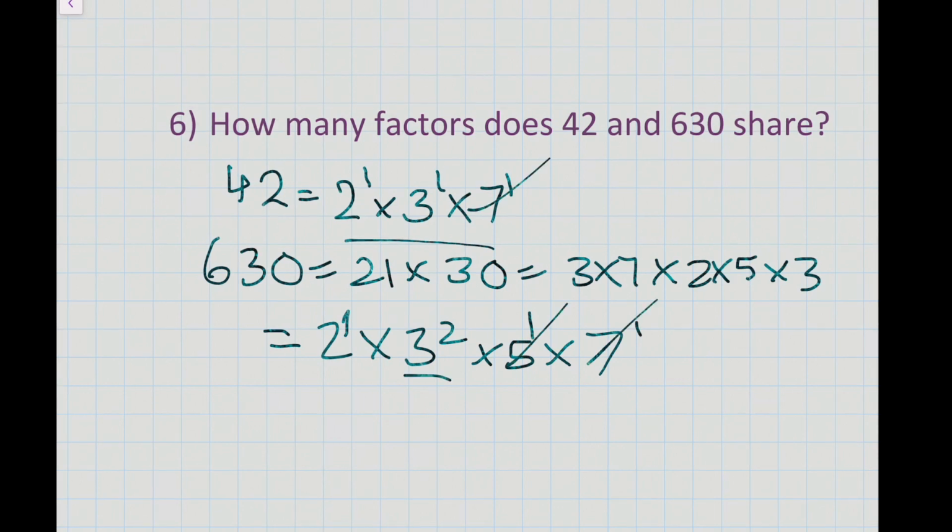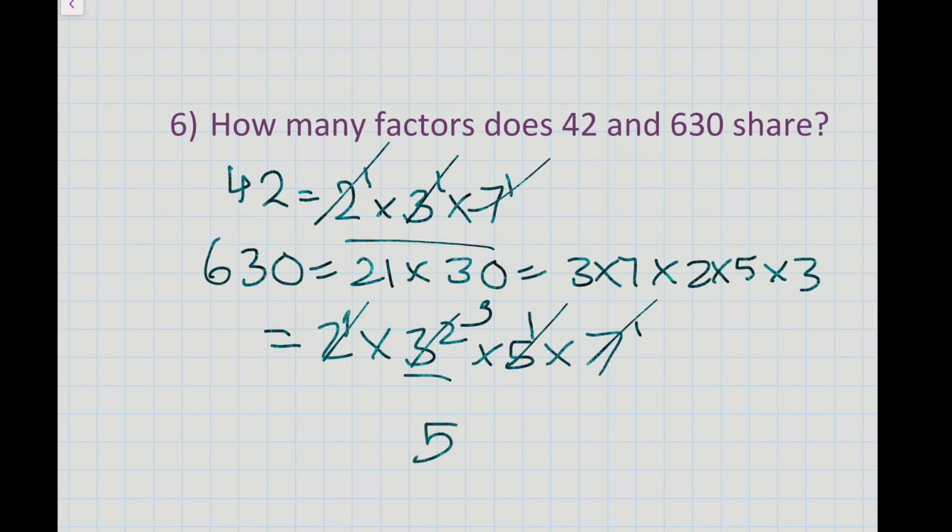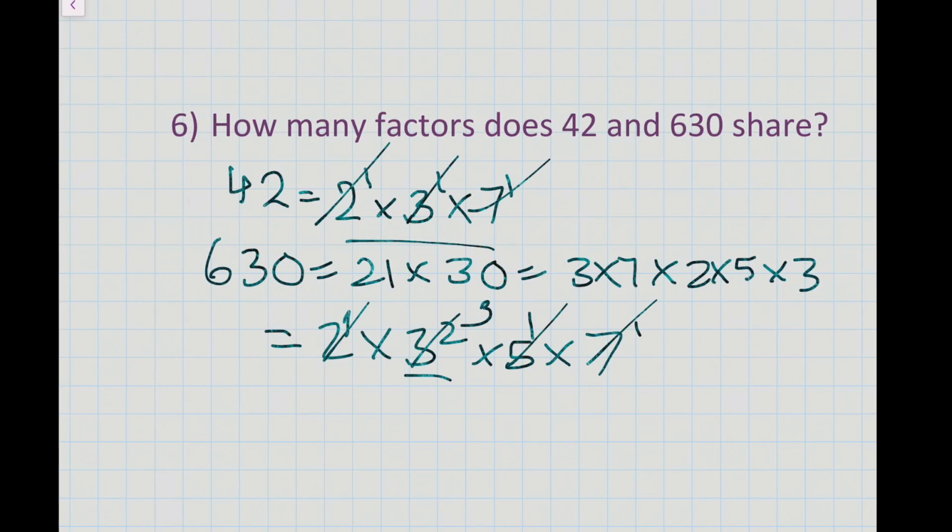Look, 7, 7, and 3, 3, 2, 2. It also has an extra factor of 3 and 5. So the extra factors do not really matter because we're finding how many they share. Since all of 42's factors are contained within 630's factors, all of 42's factors are shared between both of them.